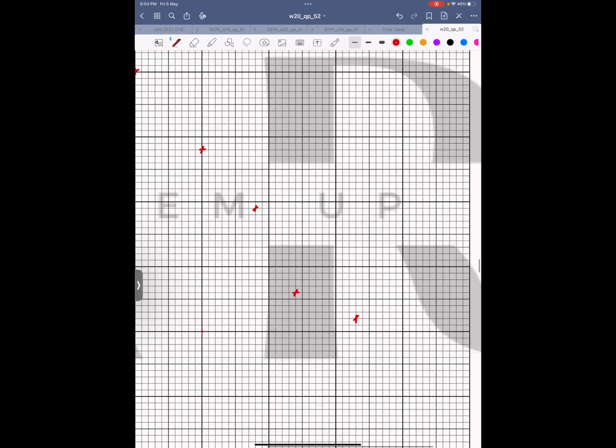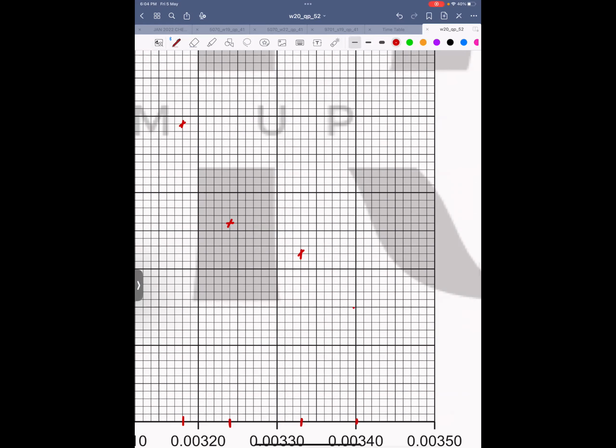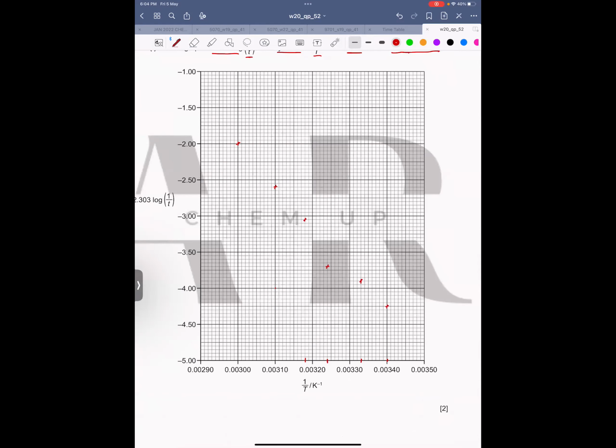Okay. Then 340, and the y-value is 4.25. Okay, and what we have to draw?